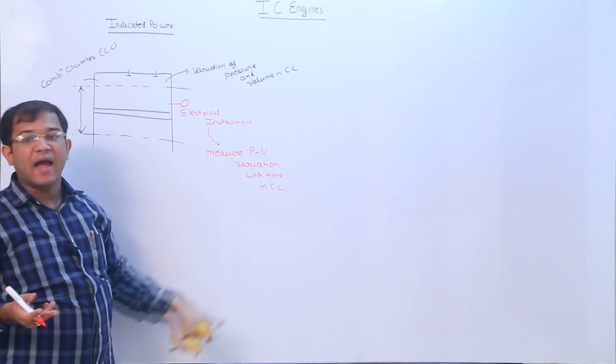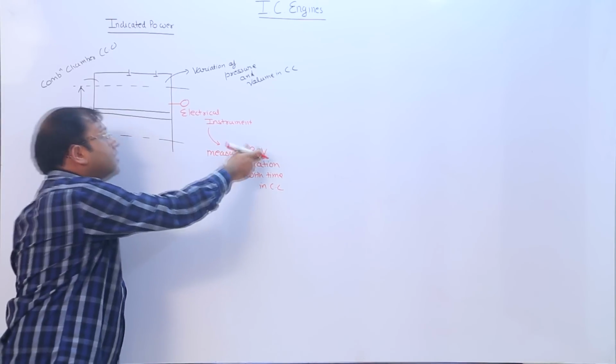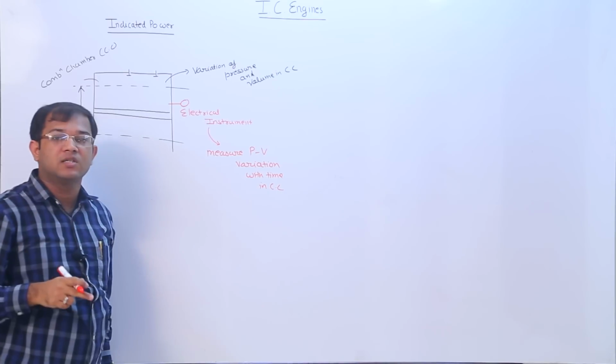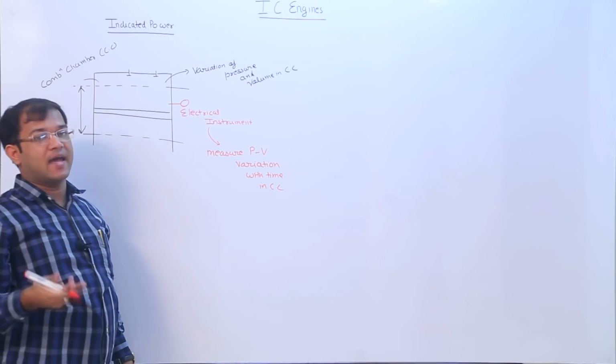Fine. And when we plot this variation of pressure and volume within the combustion chamber, then what we obtain is known as our indicator diagram.